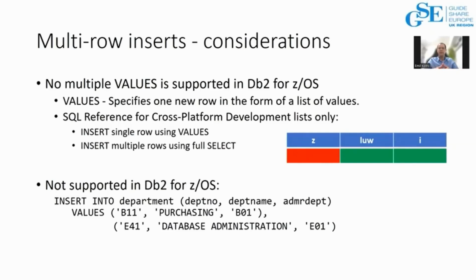So there is nothing about multiple values, nor about multi-row inserts in your application. So that's z specific. On the other hand, you have LUW and i specific things. Anyway, at least good to know that there is this SQL reference for cross-platform development, because maybe in some cases you're really developing cross-platform applications. That's where you can take a look and make sure that your SQL will work across the platforms, at least in the Db2 family.